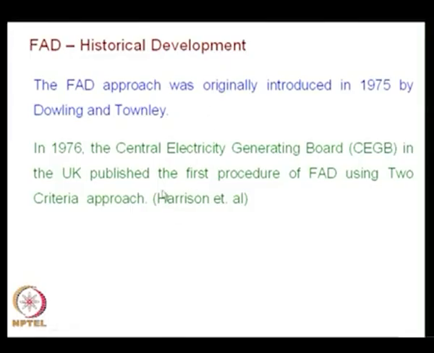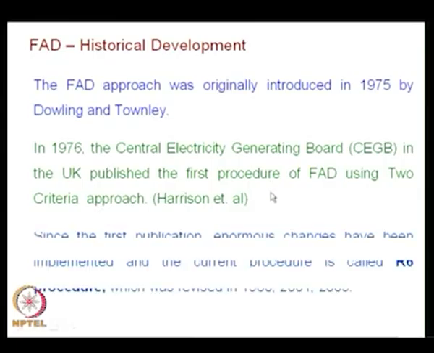It is essentially driven by industries. In 1976, the Central Electricity Generating Board, abbreviated as CEGB, in the United Kingdom, published the first procedure of FAD using the two criteria approach. That work is credited to Harrison et al. And the first procedure was based on Dugdale's yield strip model.